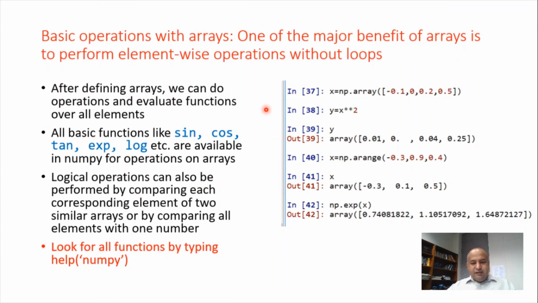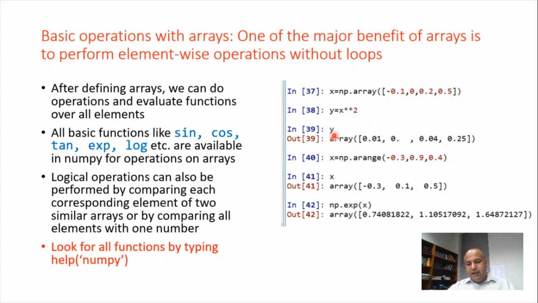Okay, let's now get to the most important operations with respect to scientific computing. NumPy provides us a lot of functions. They're called universal functions that we can do with arrays. For example, if I have this 1D array X, I can take the square of each of its elements by simply taking x squared.